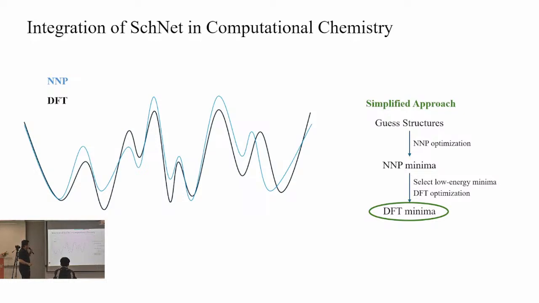We can just start with the guess structures. These are initial guess structures. Essentially, this is the sampling part, right? For those who are doing computational chemistry, this is where we prepare these different structures that we optimize at the DFT level. Now, the more complex the structure is, the more guesses that you have to make, right?